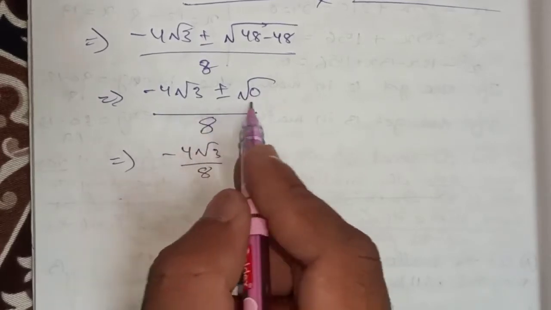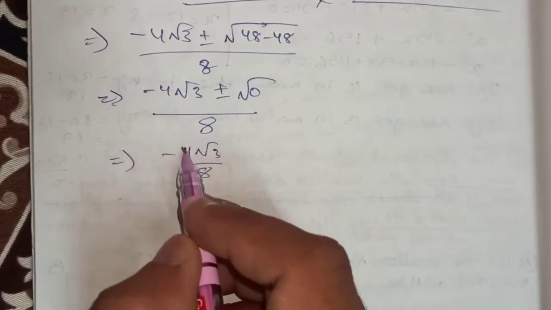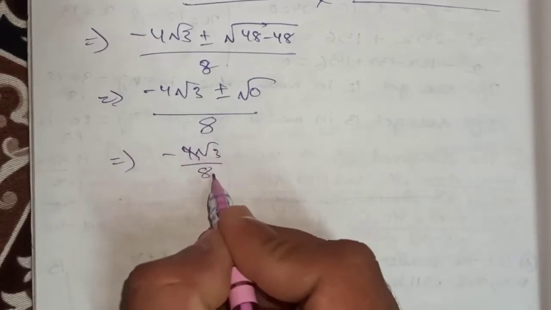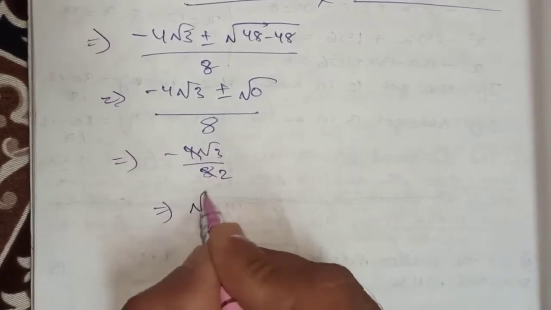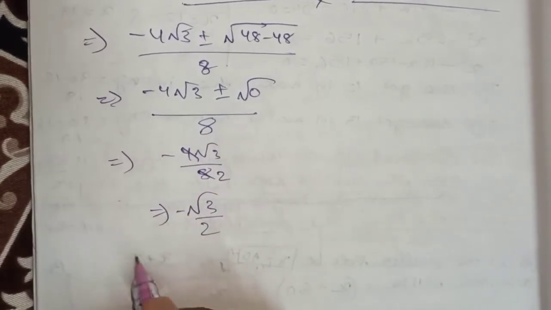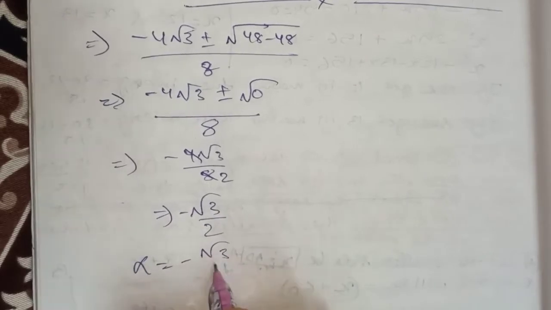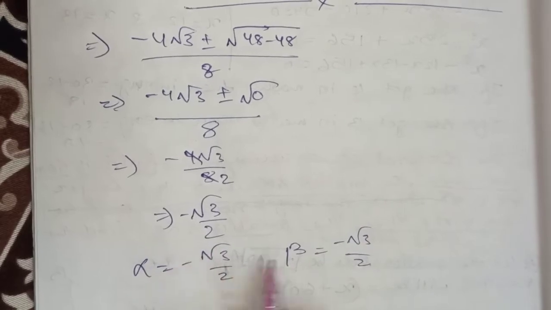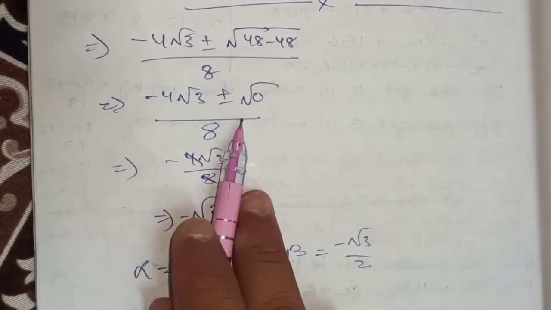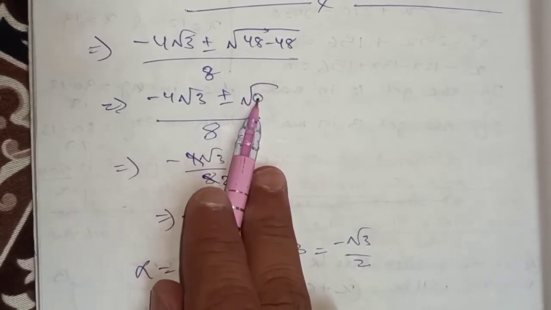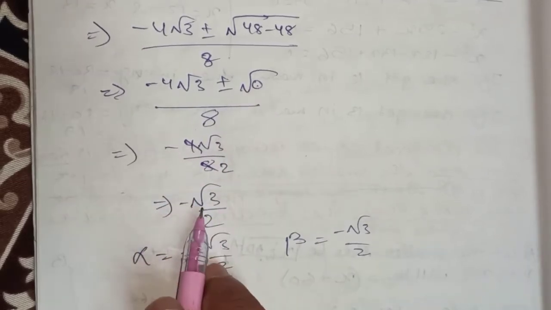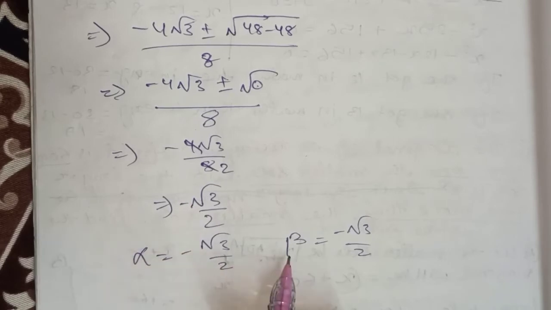Root 0 is 0, so no need to write this term. So we only get minus 4 root 3 by 8. Cancel 4 and 8: we get minus root 3 by 2. That means alpha is minus root 3 by 2 and beta is also minus root 3 by 2. For both alpha and beta we get the same value because there is no square root term left.